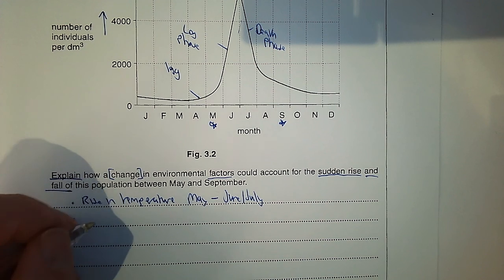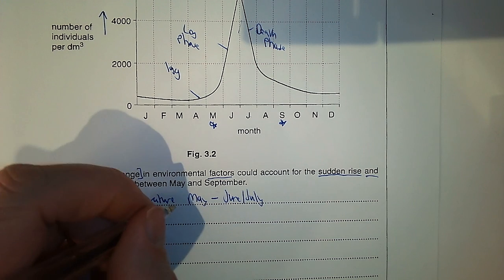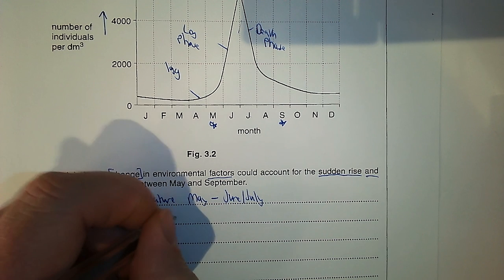So we've got an increased rate of enzyme activity.